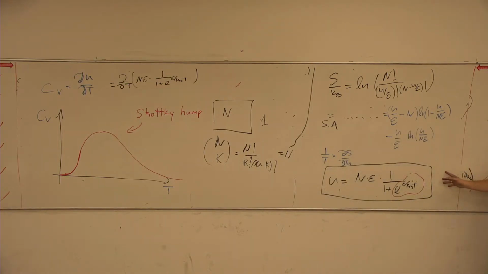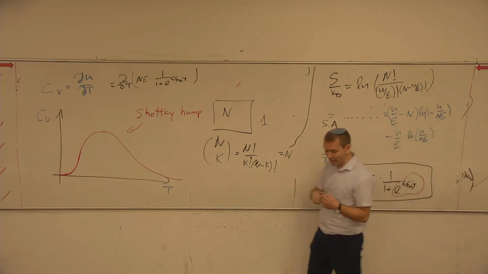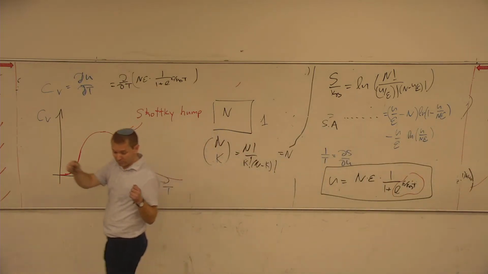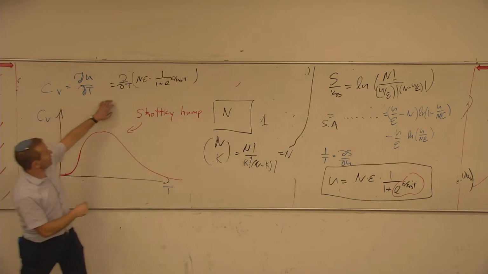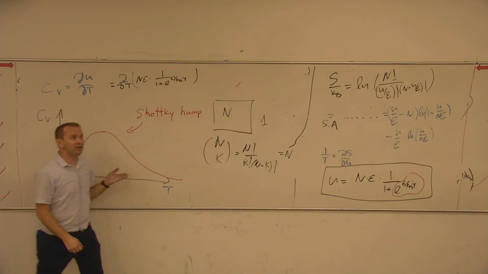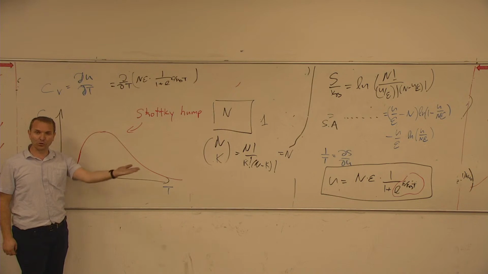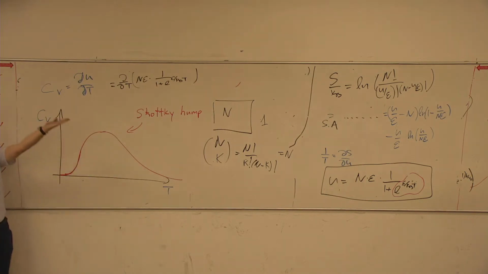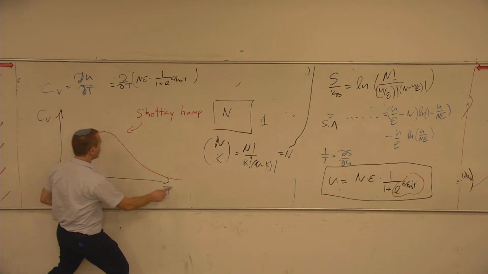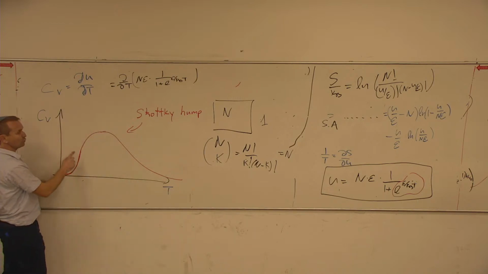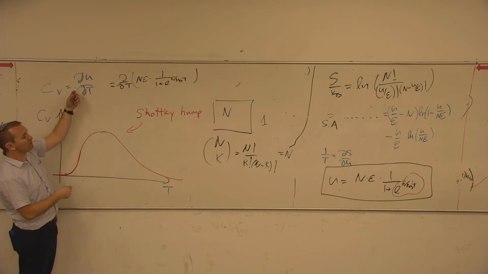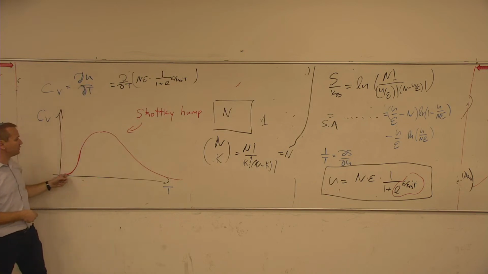I have a system that has only 2 states. And I can excite this system by providing more energy to the system, by getting my temperature higher and higher. The particles will prefer to go from the 0 state to the excited state. So by enlarging the temperature, the heat capacity rises up. So the rate of the increase of the energy is rising with temperature.